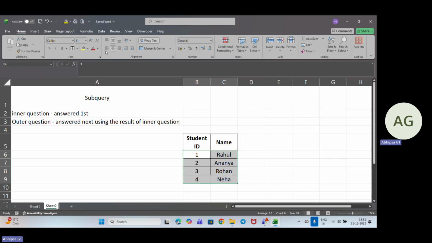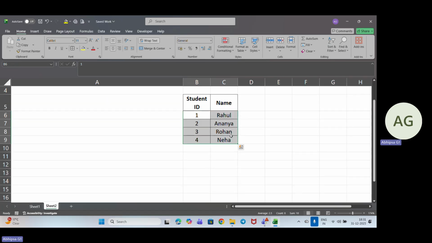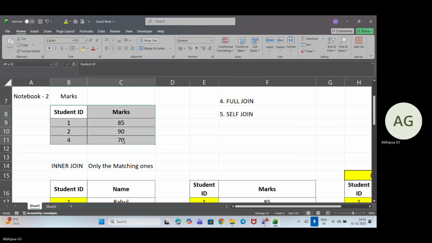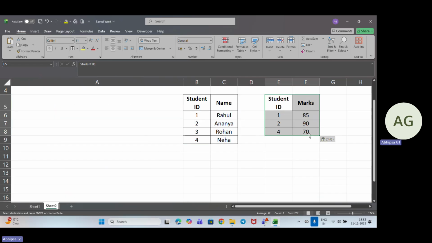And next we will be taking the marks. We have the marks table. So we will be changing this to 3, this we will be having 4, and let's give the result as 92.